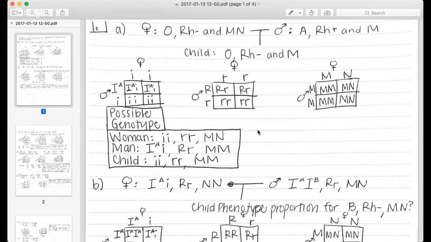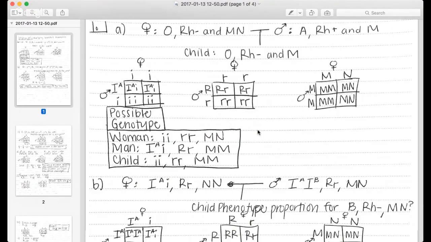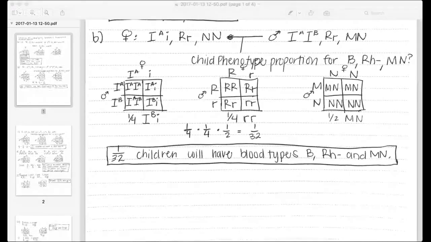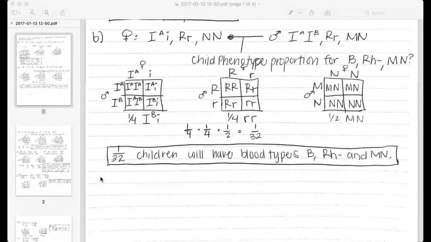There you go. So in 1B, if I can pull up my notes real quick, it says, what proportion of children born to a man with the genotype IA, IB, upper R, lower r, MN, and a woman who is IA i, capital R, lower r, NN, will have blood types B, Rh negative, and MN.